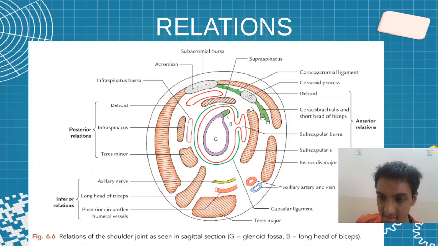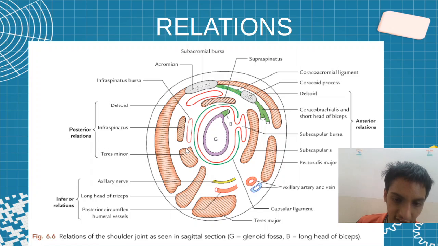This is the anterior I am talking about now. Here we have the coracobrachialis and the biceps. Also we have the subscapular bursa with the subscapularis muscle. Also we have the pectoralis major. Posterior we have the infraspinatus, the supraspinatus with the bursa, and the teres minor.